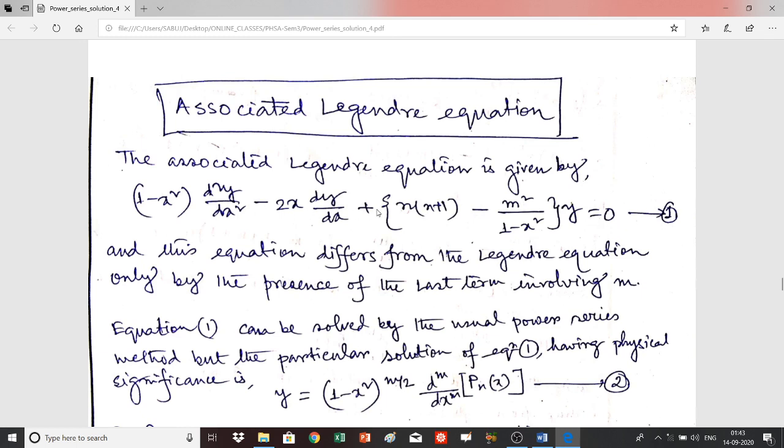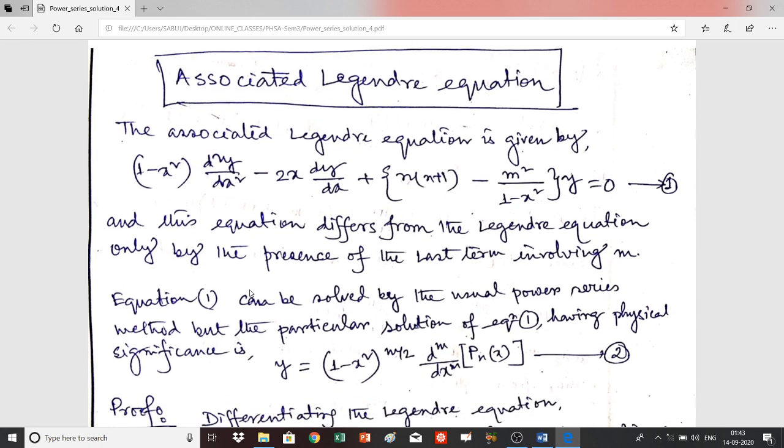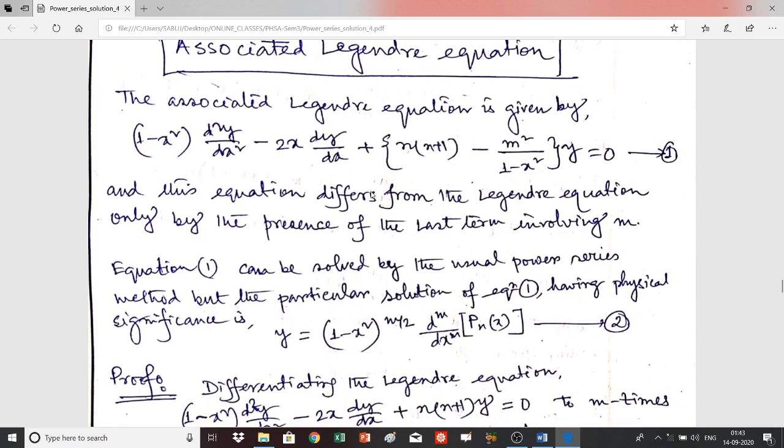This is the associated Legendre equation, and this equation differs from the familiar Legendre equation by the presence of the last term, that means minus m squared by 1 minus x squared. So you can use Gauss's method to solve this equation, but we are not here to perform that.